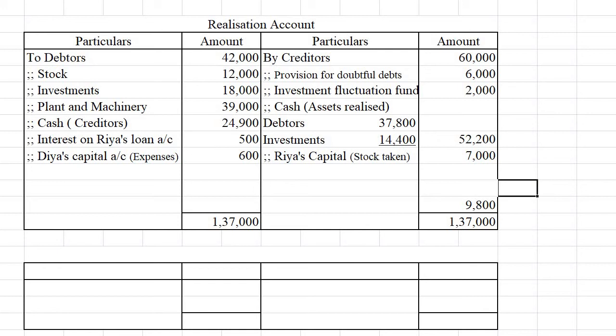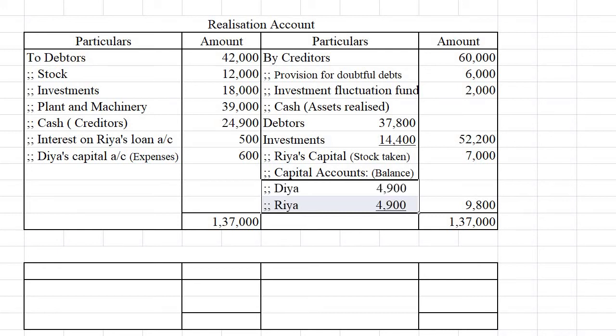So the profit or loss will be shared equally. So capital account debtor to realization account, that is the journal entry for Ria and Dia, 4,900 each.